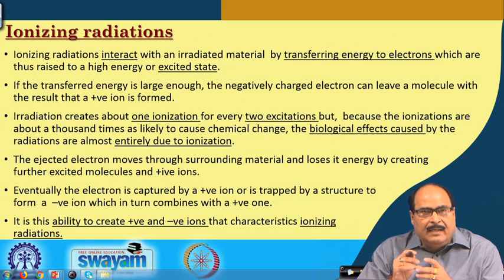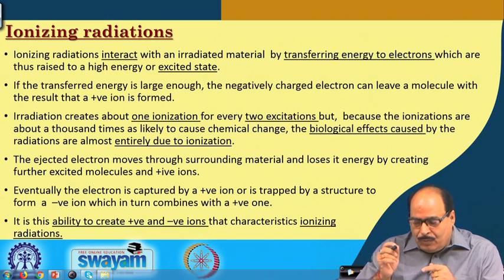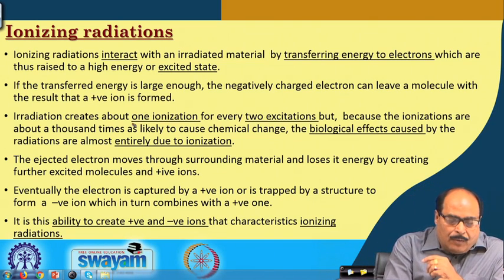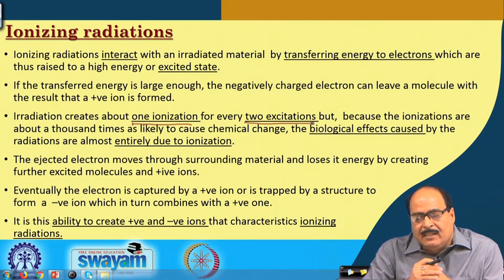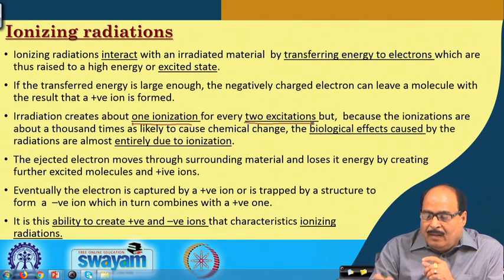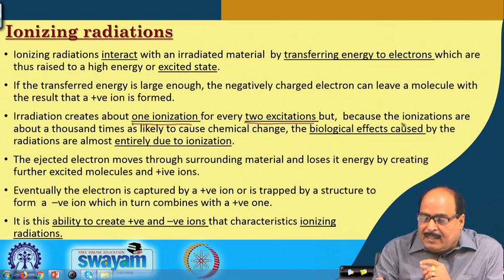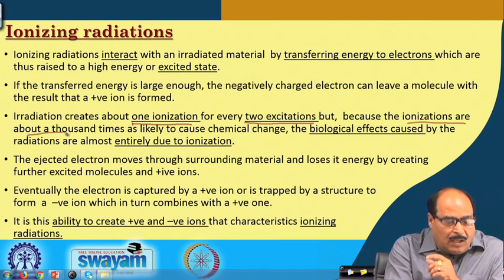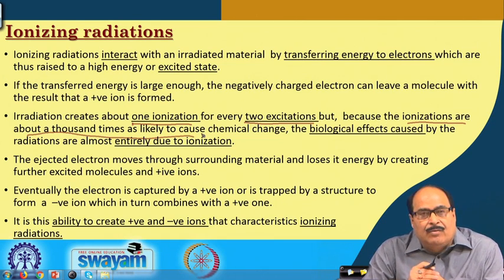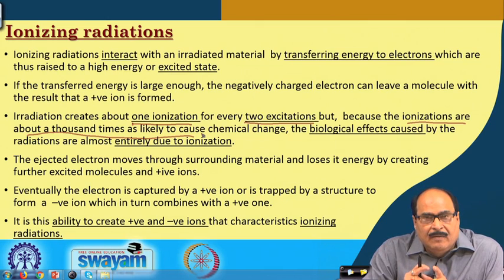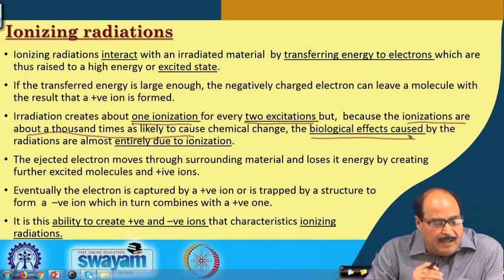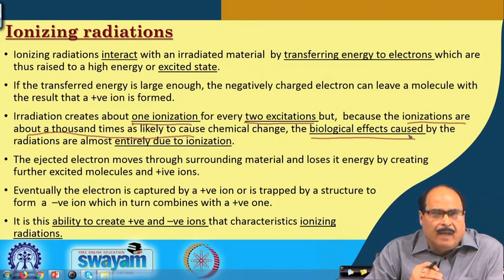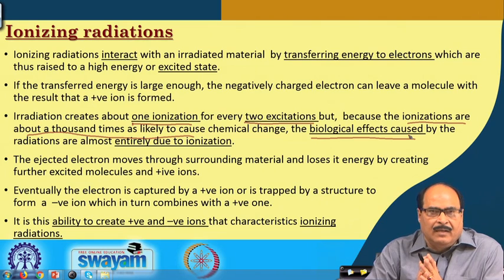The irradiation creates about one ionization for every 2 excitations, but because ionizations are about 1000 times as likely to cause chemical changes, the biological effects caused by the radiations are almost entirely due to this ionization effect.